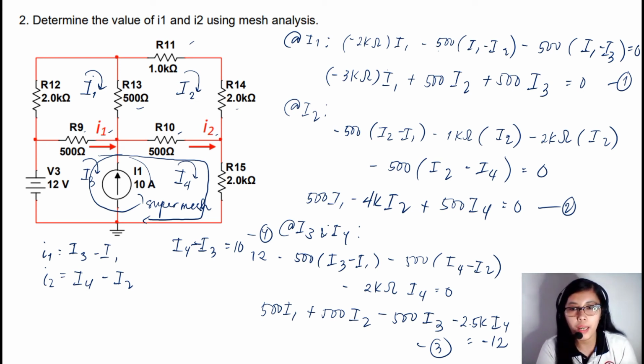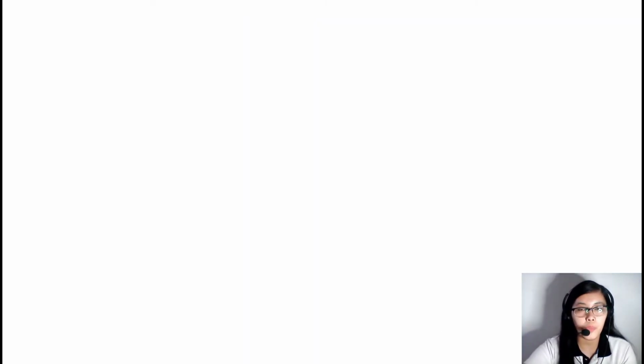Since we have four equations, four unknowns, we have to simplify these equations first, because the calculator only solves three equations. Some calculators can solve four equations, four unknowns, but my calculator only handles 3 equations, 3 unknowns. So let's simplify the equations first so that we will have only 3 equations, 3 unknowns.